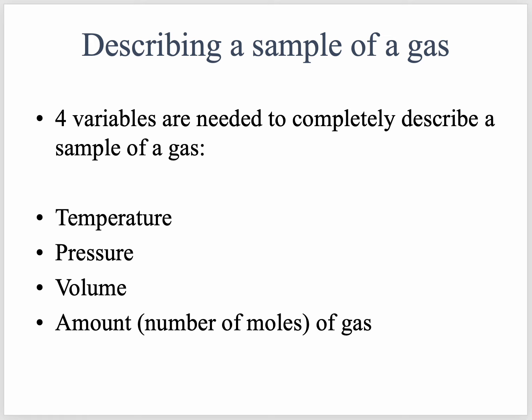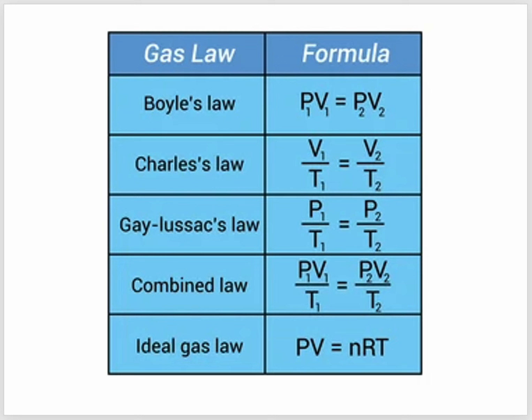We can see some relationships between these values. For example, Boyle's law says that pressure multiplied by volume is constant, so pressure is inversely proportional to volume: as you increase pressure, you decrease the volume.